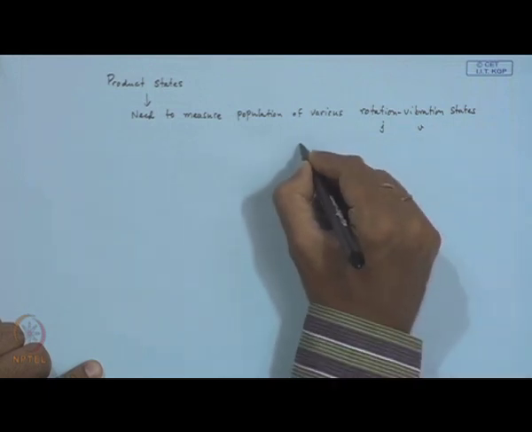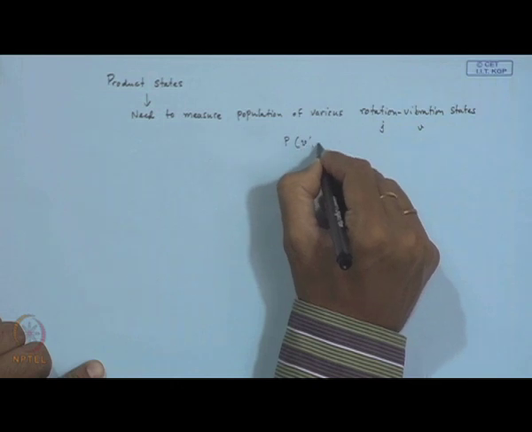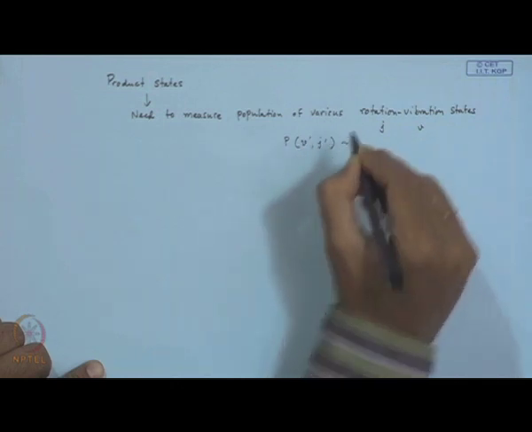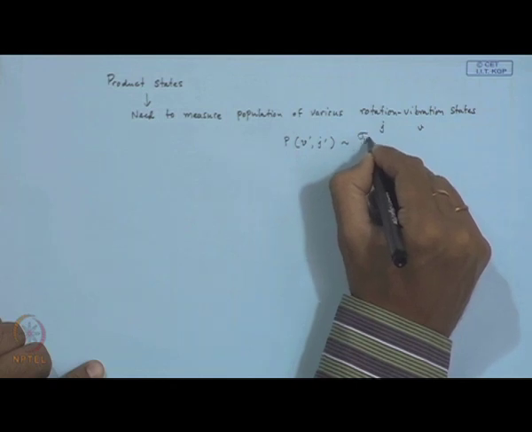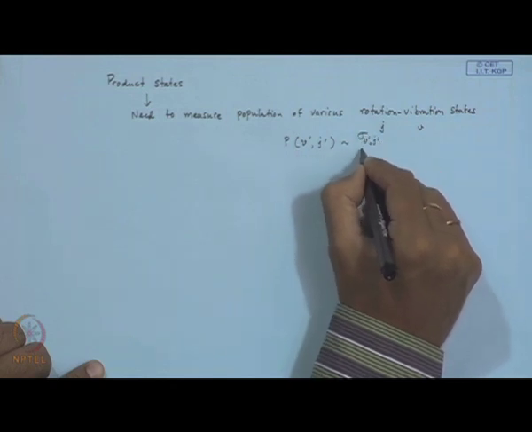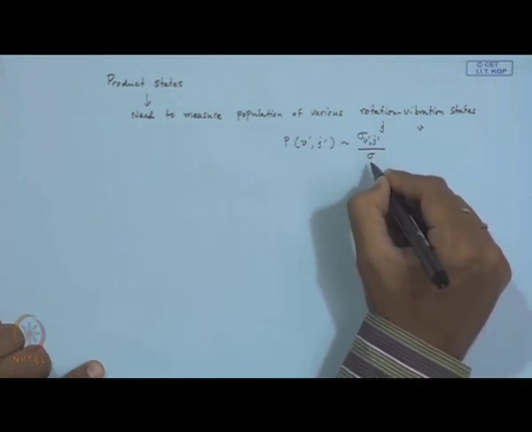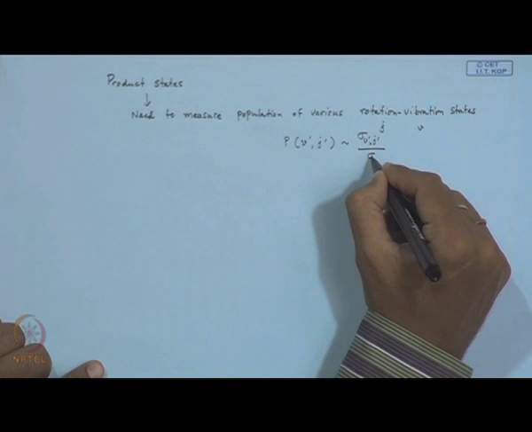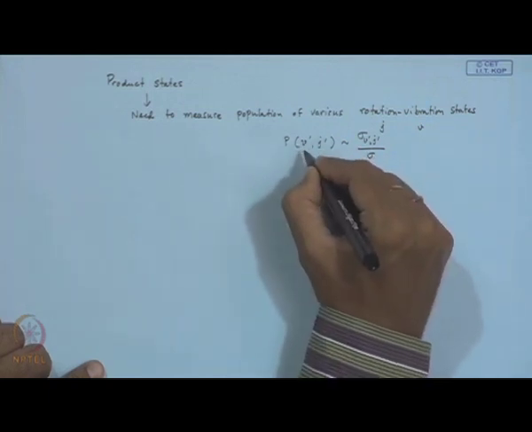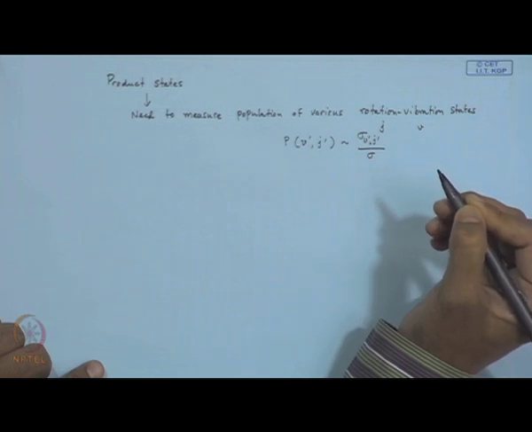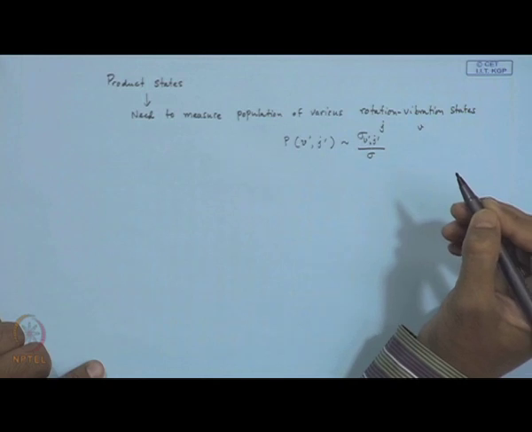That is quantified by P(V', J'), which goes as sigma(V', J') divided by sigma, where the cross section is sigma. So this sigma is the total cross section. If it is known, we can find out this probability factor.